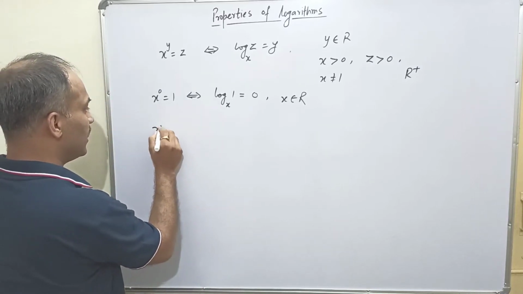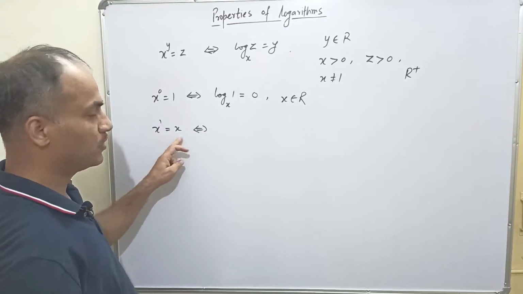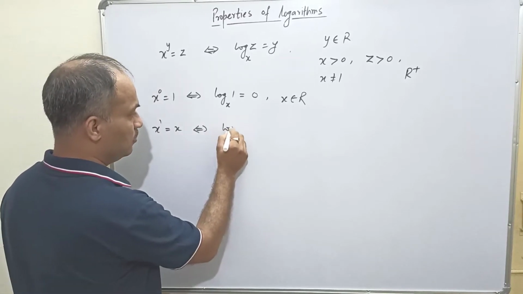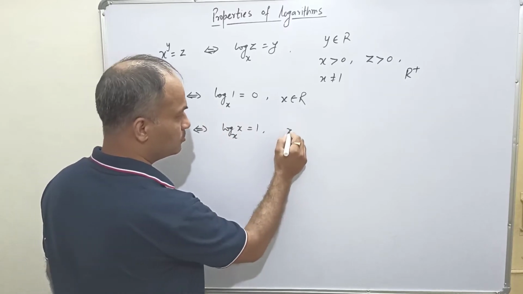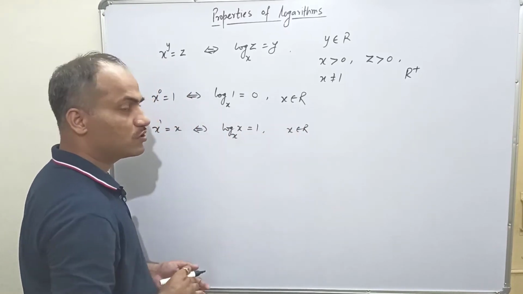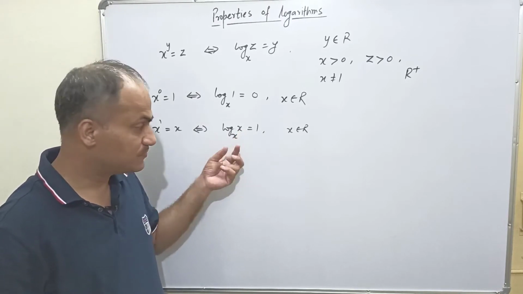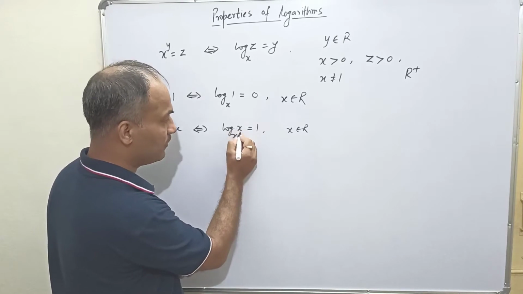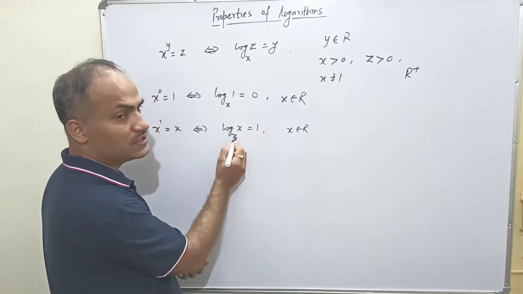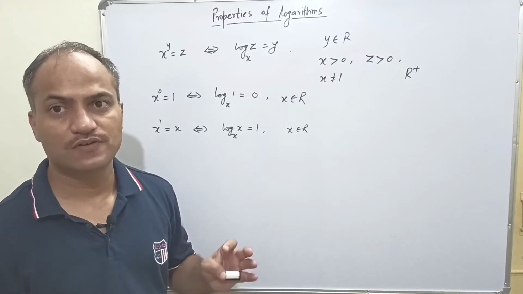Now we know that x to the power 1 is equal to x. It means that log of x to the base x is equal to 1. Here also x belongs to R. So what does it mean? If the logarithm's argument and the base are the same, then the value is always 1.